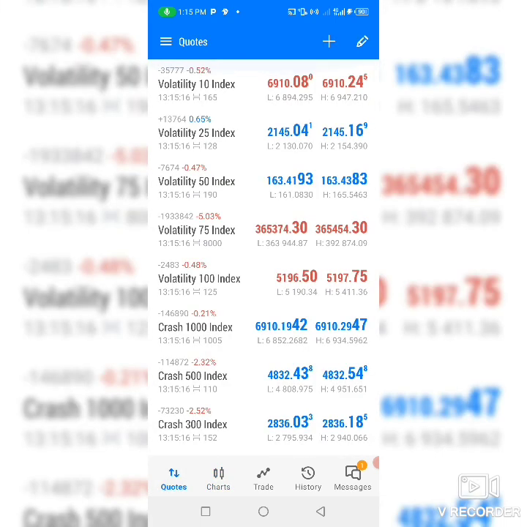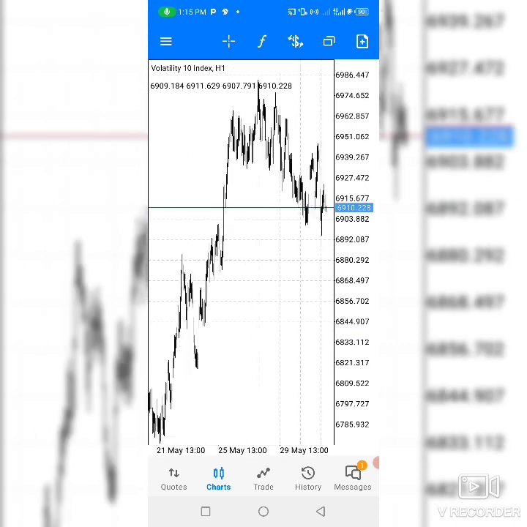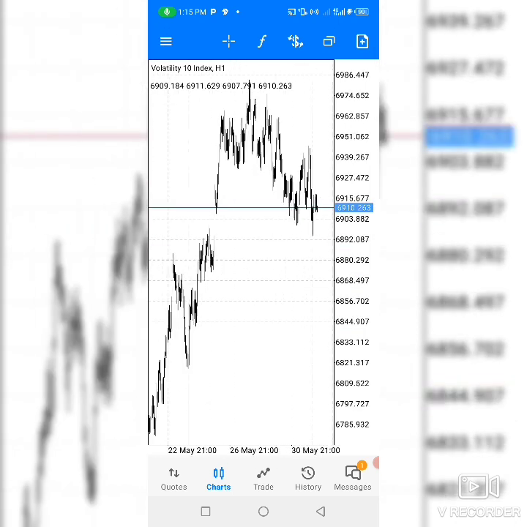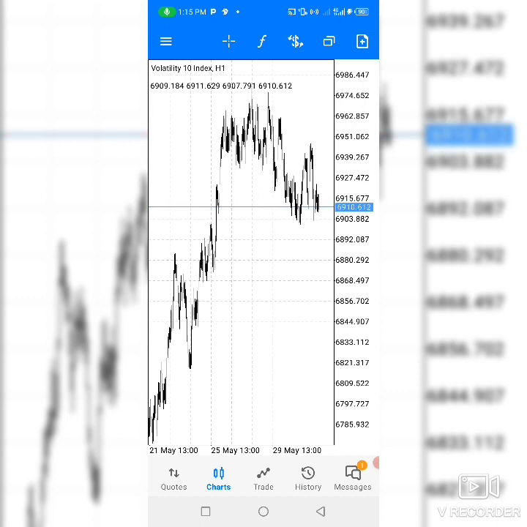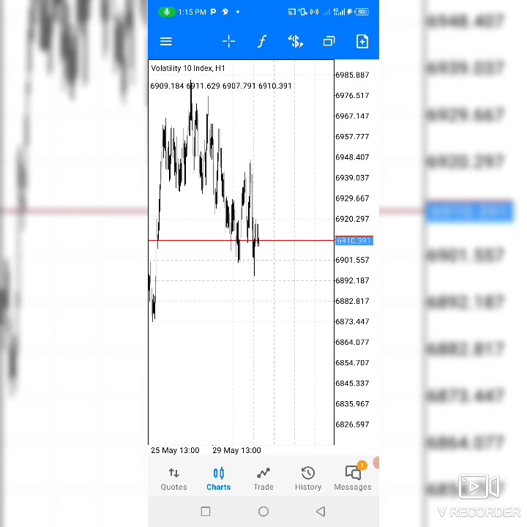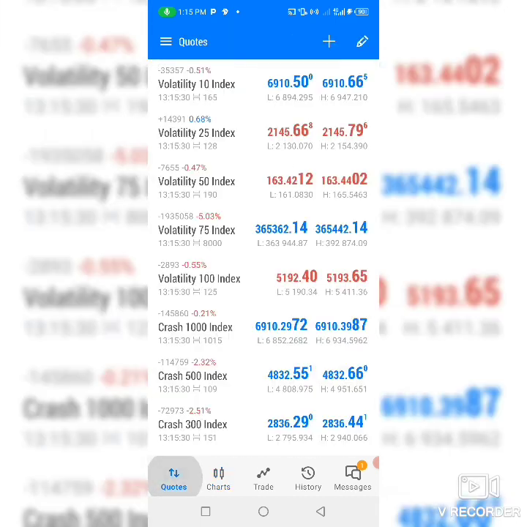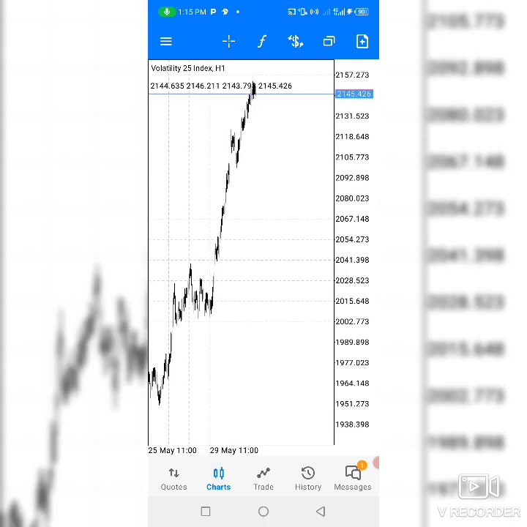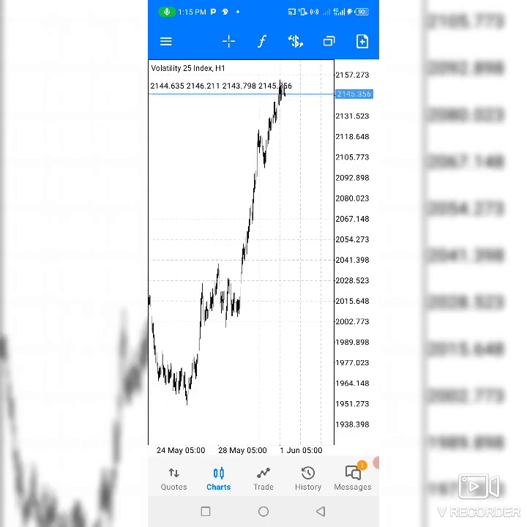Right now on volatility 10 index, the signal we are seeing here is a sell signal. The market is selling and we cannot sell at this price. I don't need to explain why, but that's the truth based on my trading scheme.